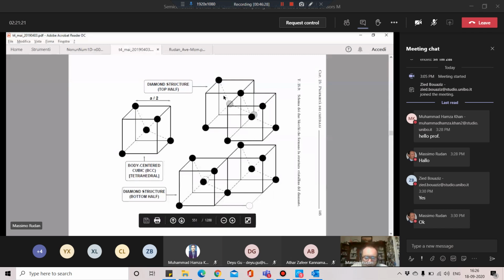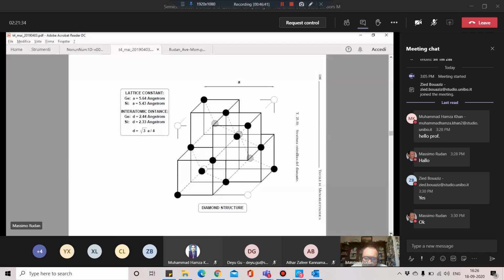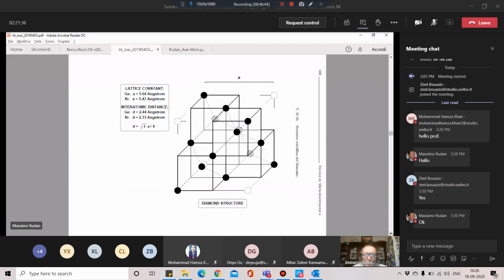It is just the same, simply the two blocks that you can see separated here, they are put together in the next figure. Okay. So you obtain this type of structure.